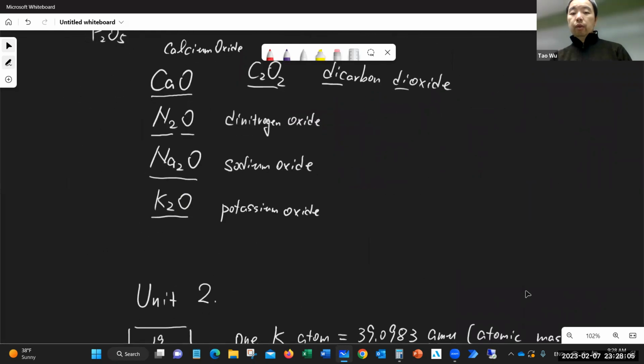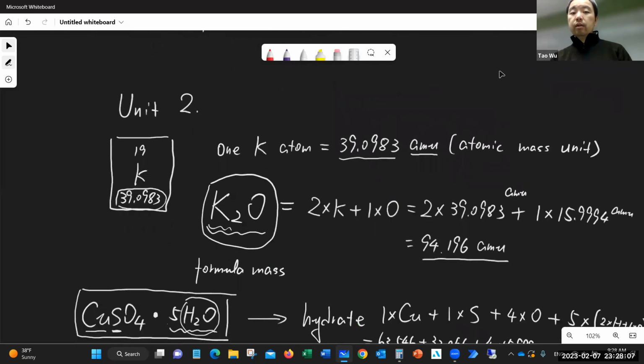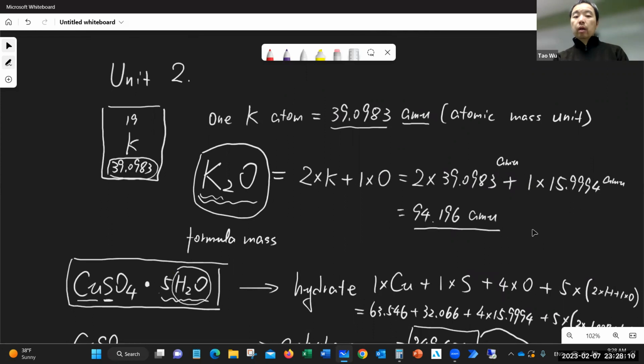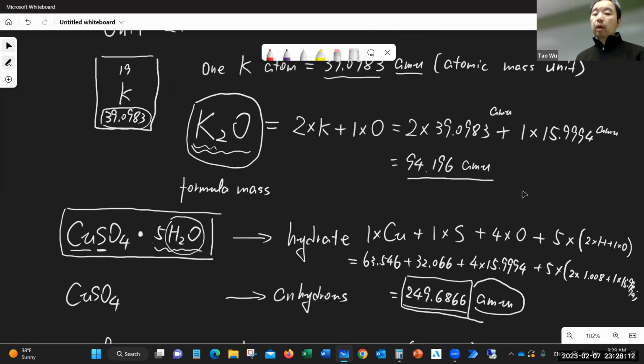And then we talked about the concept of mole, the molecule, the formula mass in AMU, and the molar mass. Mole is a very big number. If we have 1 mole of atoms, that means we have 6.02 times 10 to the 23rd of those atoms aggregated together, and we weigh the mass, which could be something in gram.